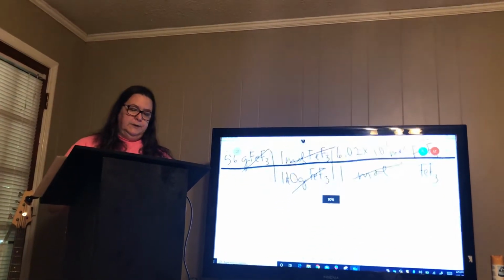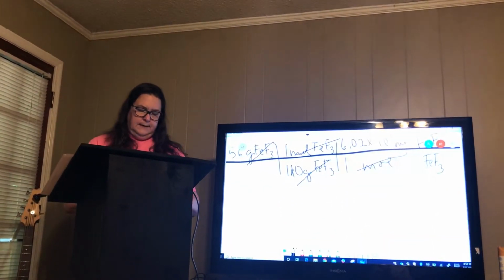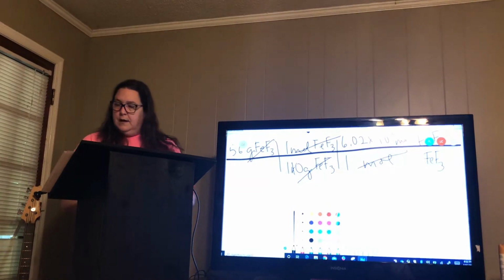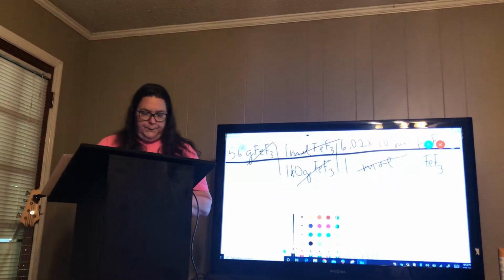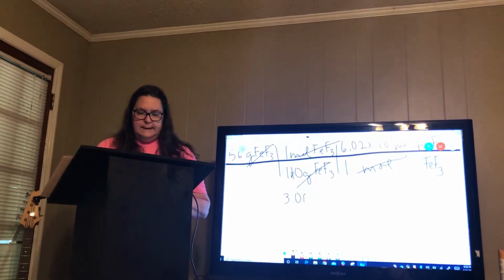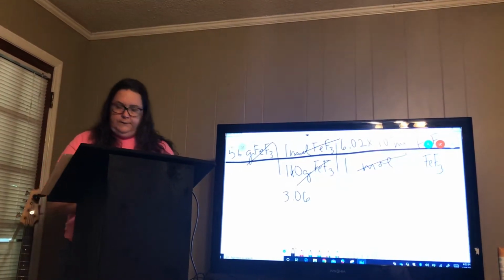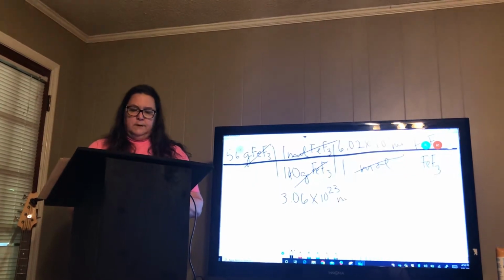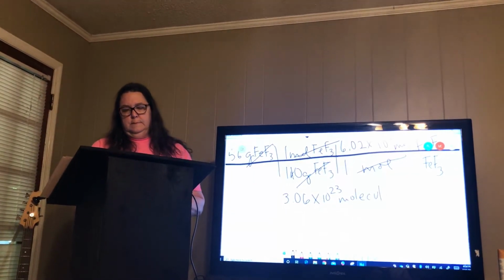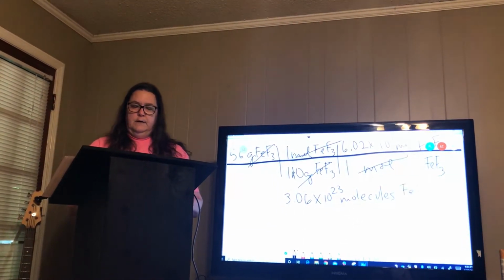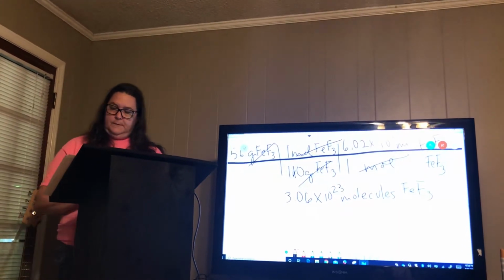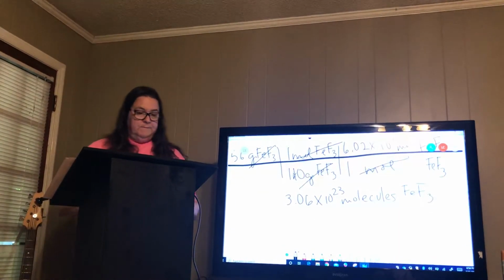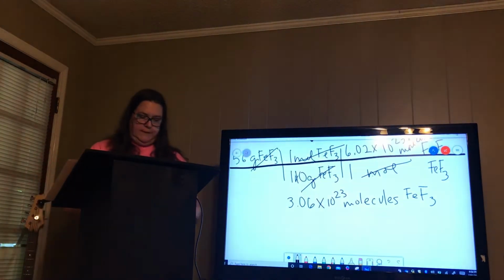When I plug that into my calculator, I get 3.06, and you can keep going if you want to, times 10 to the 23 molecules of iron 3 fluoride.